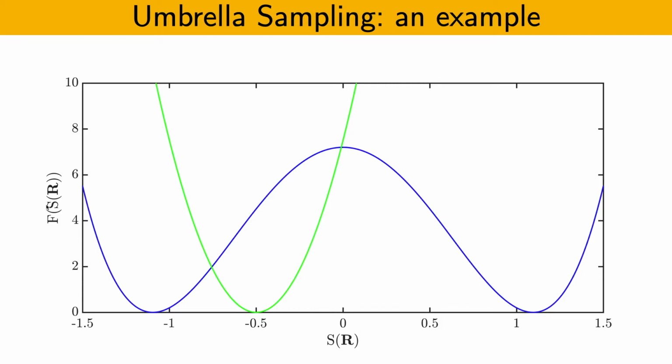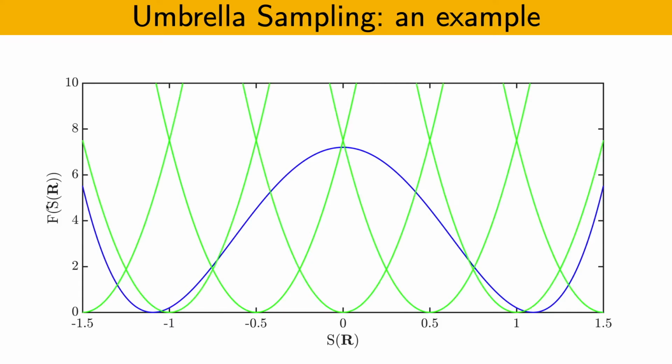This bias potential will be centered in a certain position, in this case minus 0.5 in coordinate S, and it will have a certain width. The introduction of this bias potential will define window i, a certain window in the set of simulations that will characterize our umbrella sampling simulations.